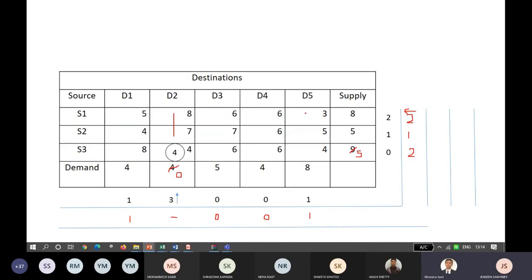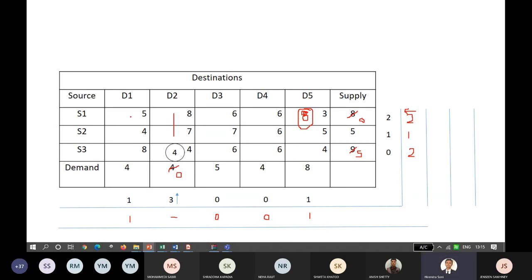So I can allocate the entire 8. The minute I make an allocation of 8 here, this has exhausted. So 0.